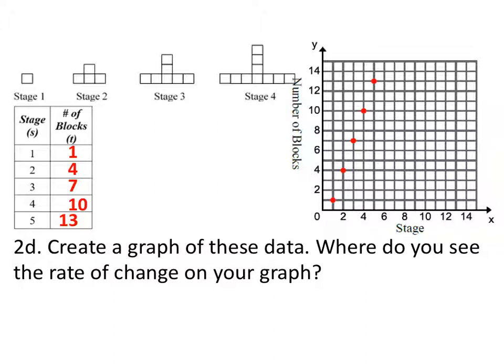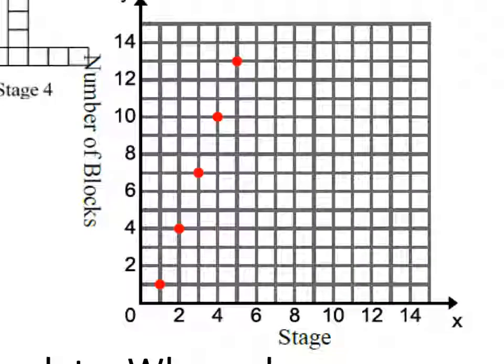And again, stage number is the x-axis, and number of blocks is the y-axis. Now again, it asks, where do you see this rate of change on the graph? The rate of change is always found between the points. So in other words, if I go up 3 blocks, then I go to the right 1 stage. Very good.